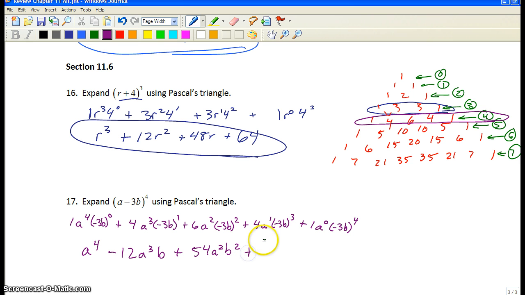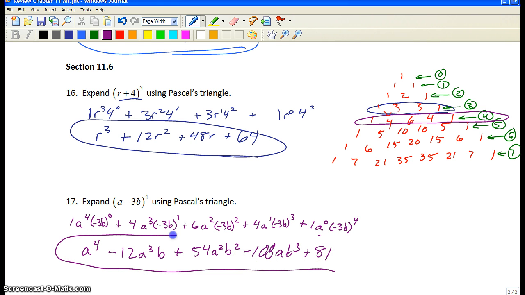And then we're going to get negative 27 times 4, which is negative 108, so it's going to be minus ab to the third plus 3 to the fourth times 1, and it's going to be a positive 81, and then a to the 0 is just 1. So that's what we get when we expand it using Pascal's triangle.